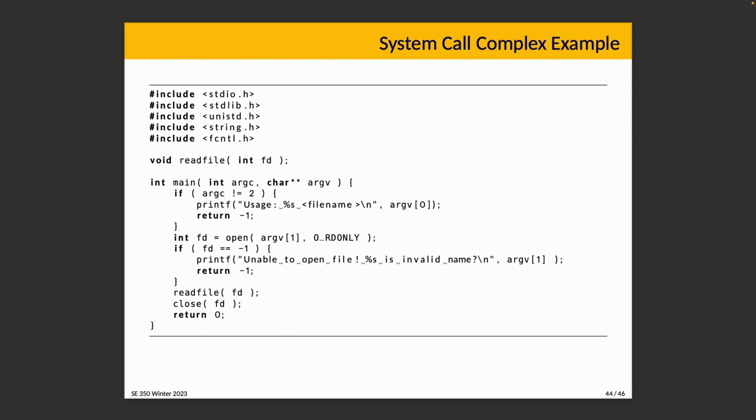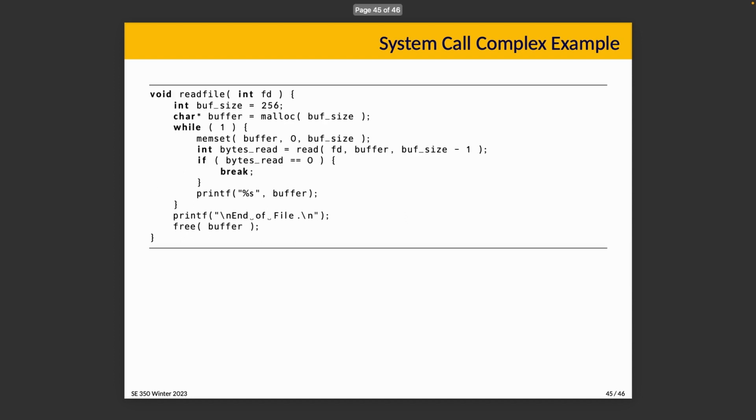We will also have here some niceties about telling the user how to invoke the program. So if the argument count is wrong, it'll tell you how to do it. We'll open the file. As I say, we'll talk about how to open files and how to use the open call in the next topic. And if something goes wrong, we'll print an error. That's fine, and then we'll read the file and close the file.